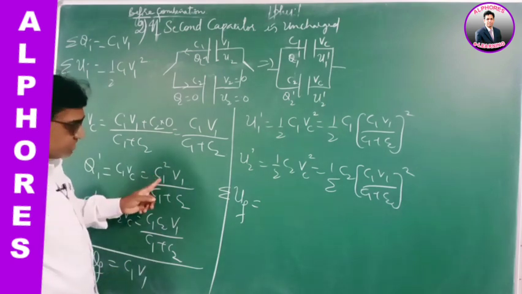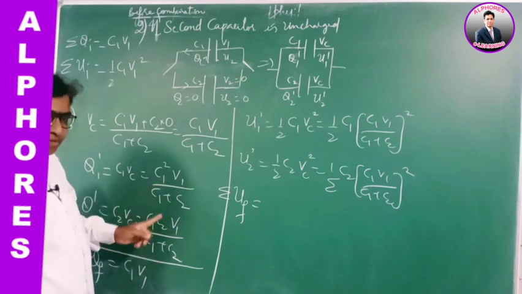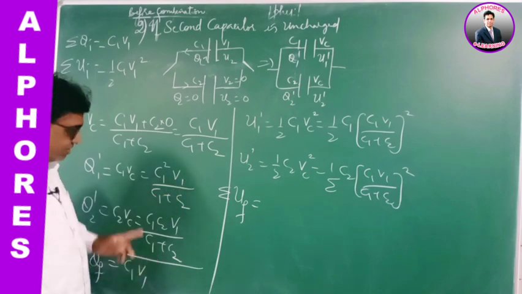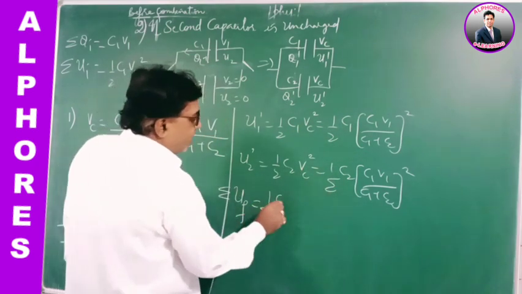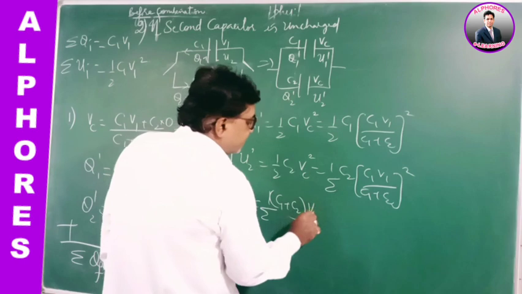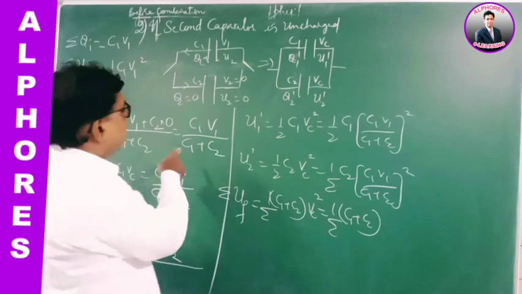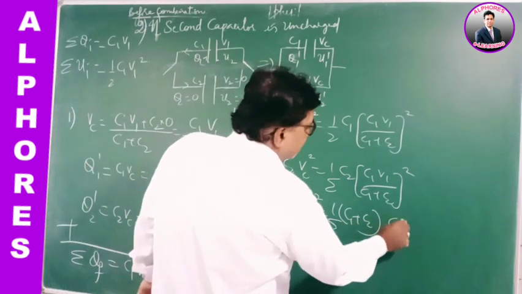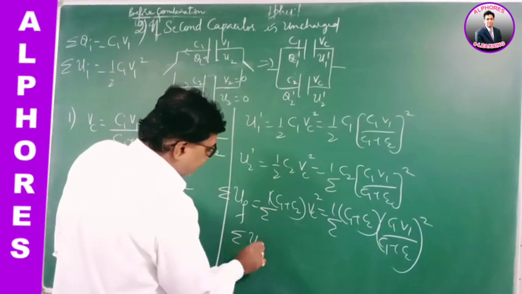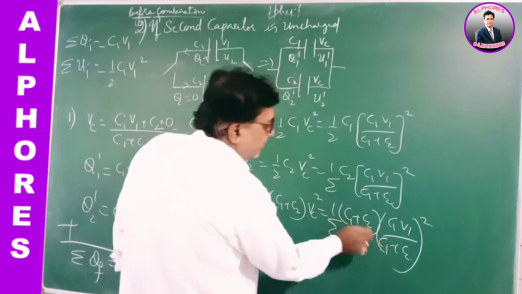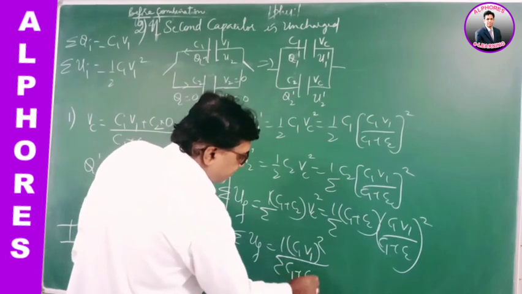Now the total final energy, adding both, is half (C1 + C2) into Vc squared. Vc is C1 V1 by C1 + C2, so it is half (C1 + C2) into (C1 V1 by C1 + C2) whole squared. One of the (C1 + C2) gets cancelled, so the total final energy becomes half (C1 V1) whole squared by (C1 + C2).